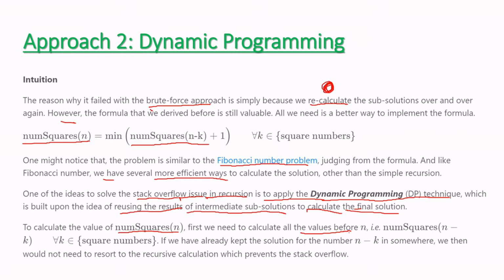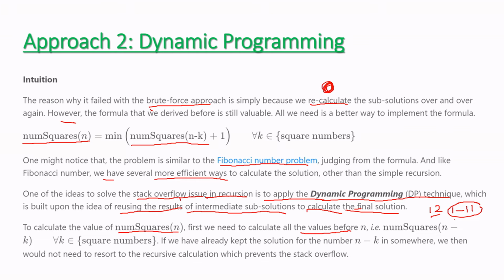If we are talking about 12, we have to calculate 1 to 11, all the values, and store them somewhere. So when 12 comes, all the subproblems have already been calculated, and we just have to sum up, and then the final solution will be there.